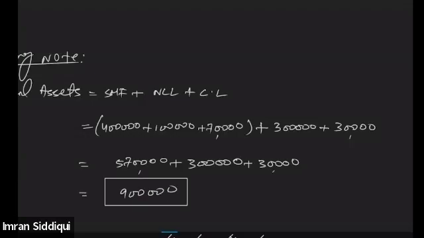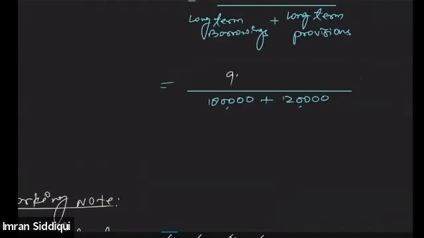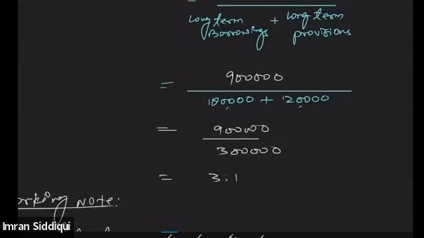So total asset is 9. Now we will be putting this value here. 9 lakhs divided by 3 lakh equals 3:1.